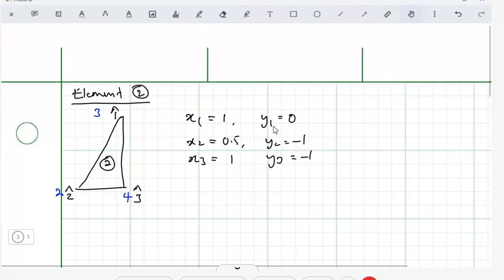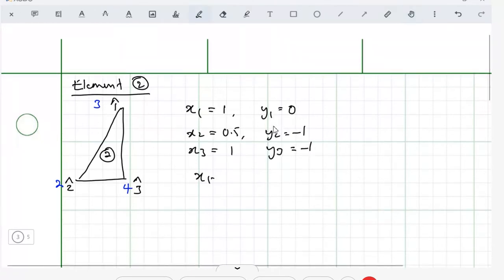And again, what we need is x13, x23, y13, and y23.